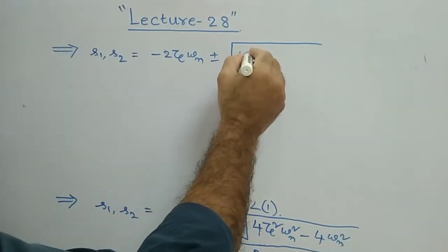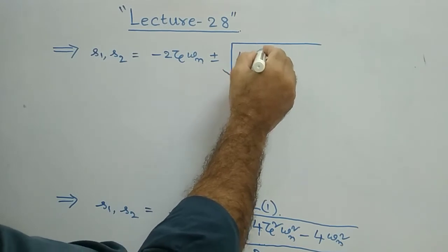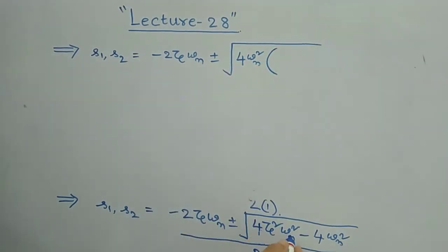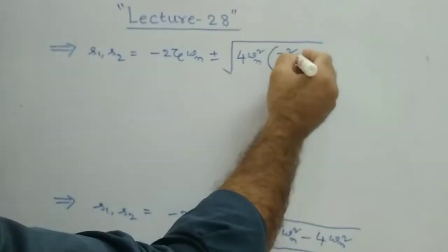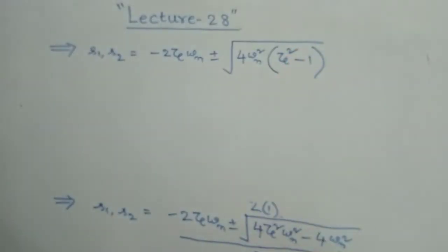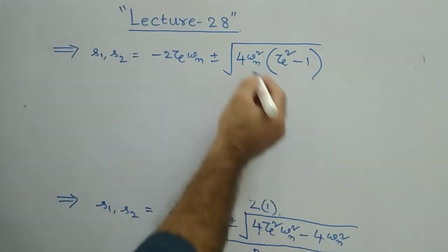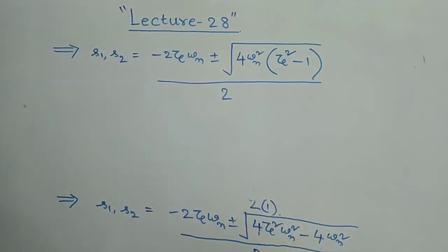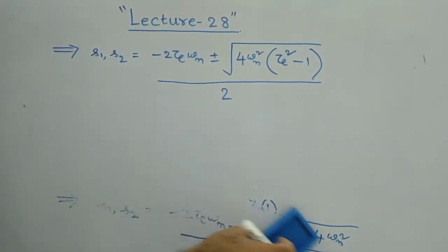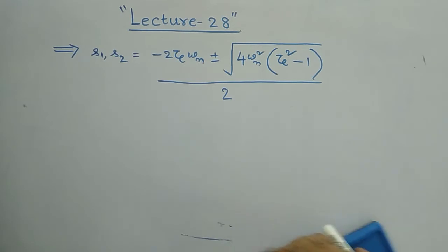Therefore, take 4 omega n square as common. If you take that as common, what will you have? Zeta square you will have here, and then minus 1, because I am taking 4 omega n square as common here, by 2, because 2 into 1 is 2 already. Clear? Now, so it is this expression, and then what could be the next one?